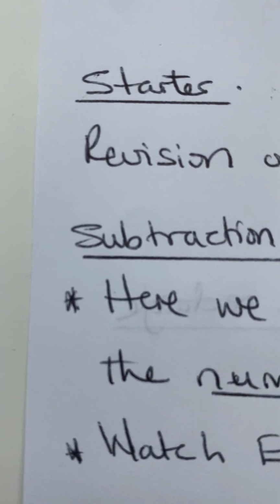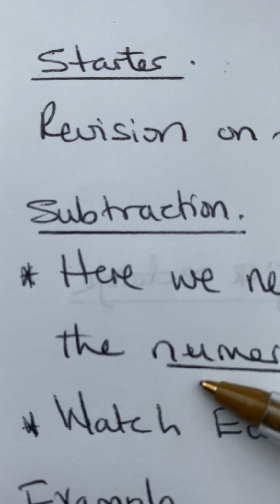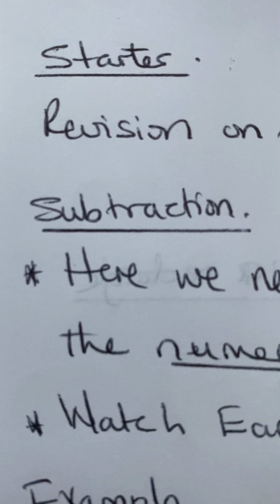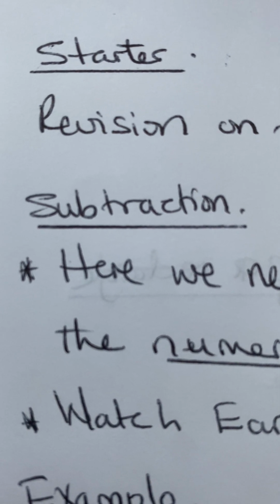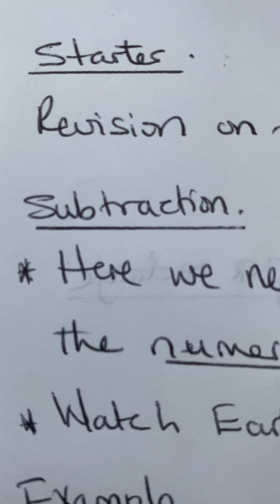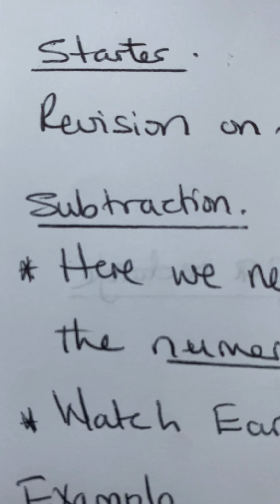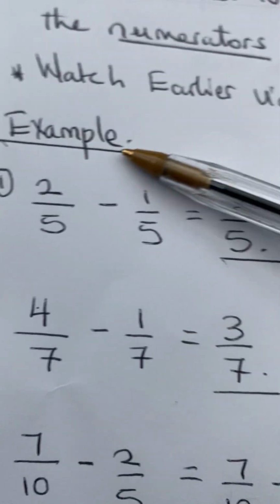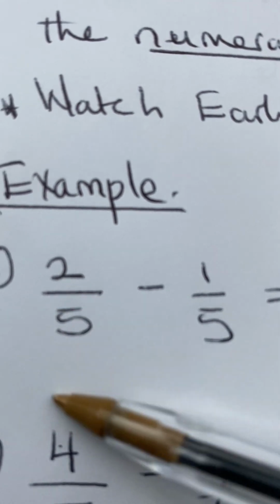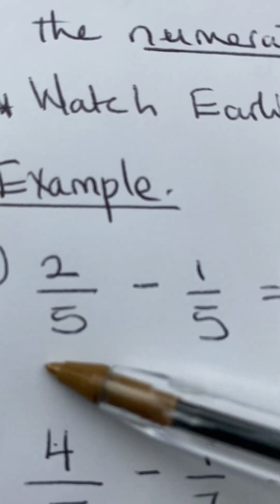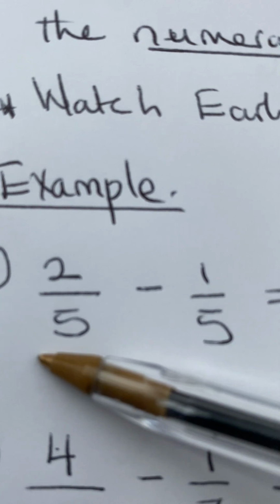With subtraction, the rules are the denominators have to be the same, and then you subtract the numerators. The numerators are the top numbers and the denominators are the bottom numbers.